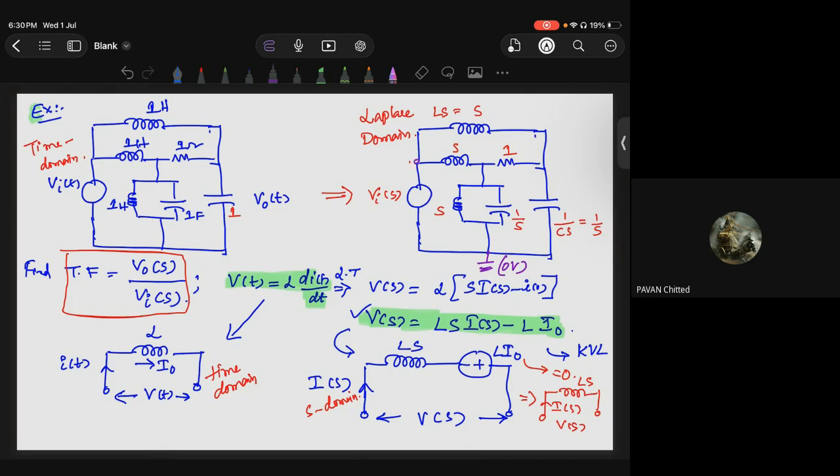This will be Vi. This will be V naught, because this is V naught of S. And this will be, let us say, some voltage VA. I hope you can write the equations, correct?